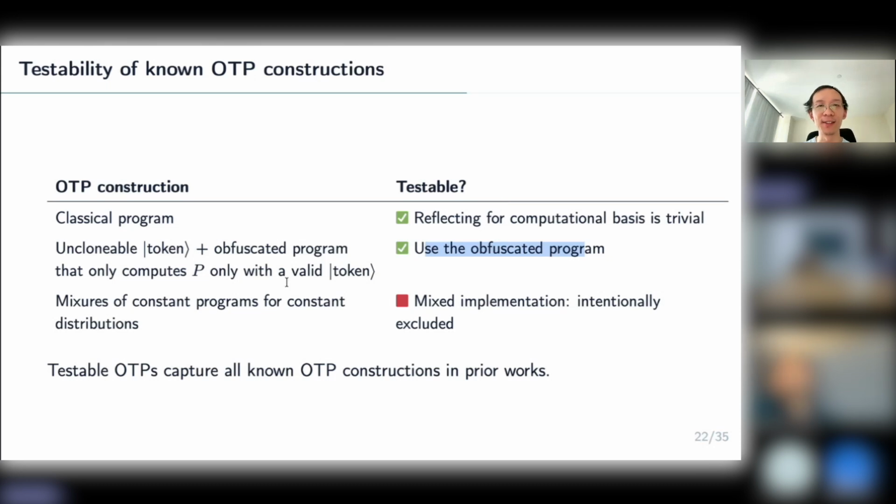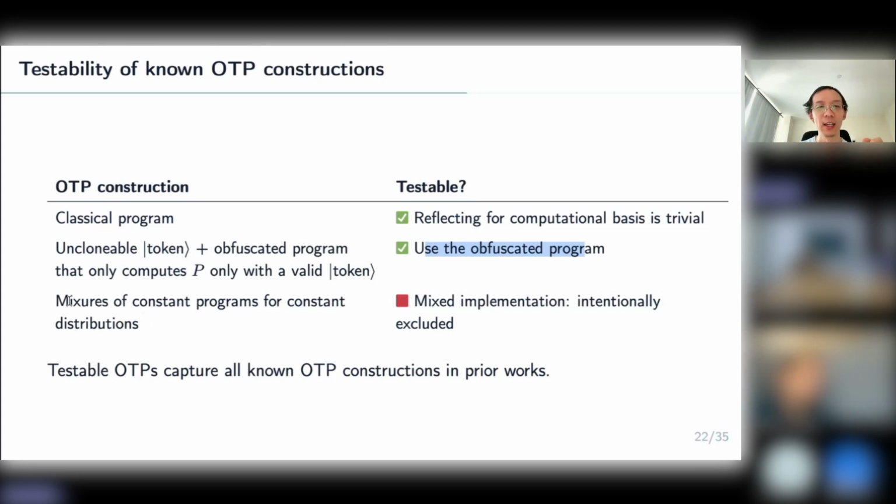So for both of these, you can pretty easily augment the existing construction so that they are testable. And this is basically a black-box construction that doesn't require you to know the secret randomness that you use to produce the obfuscation or one-time program.